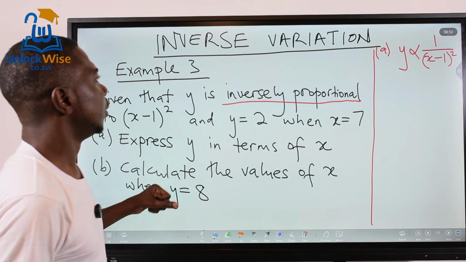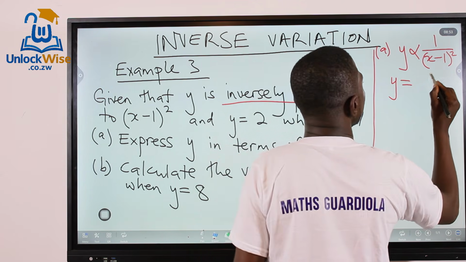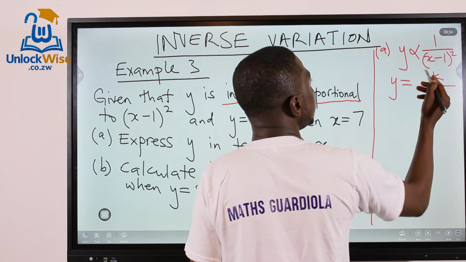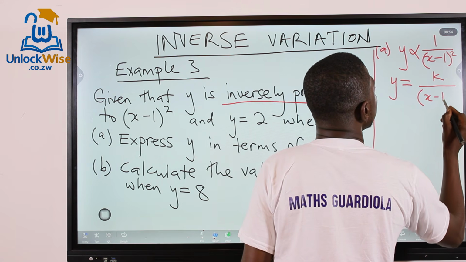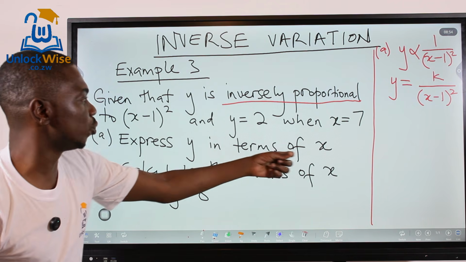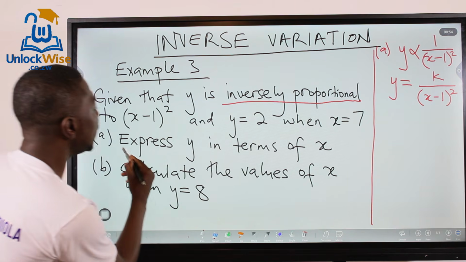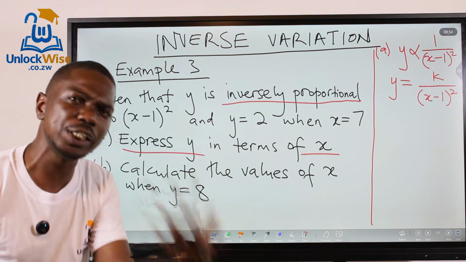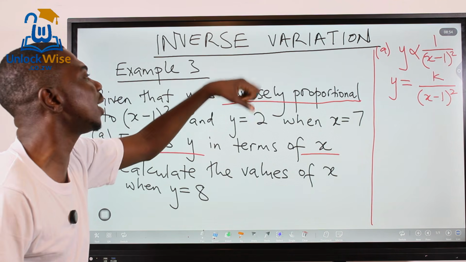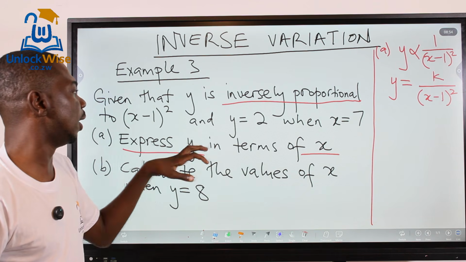And we can remove the variation sign and introduce a constant of proportionality and have it like this. So express y in terms of x. But I have highlighted that when we are told to express y in terms of x and there is no constant, we have to calculate the value of k and then replace the k with the value, so that we have our expression in terms of y and x.